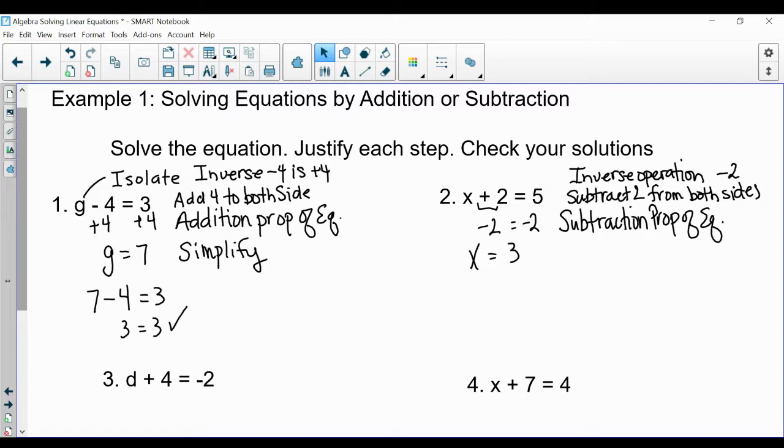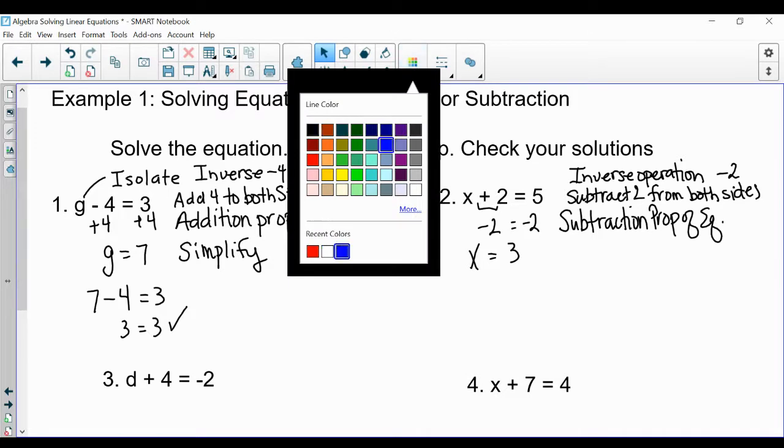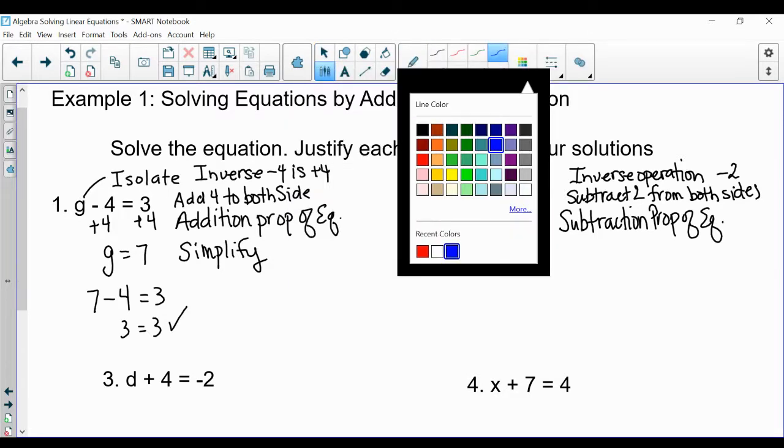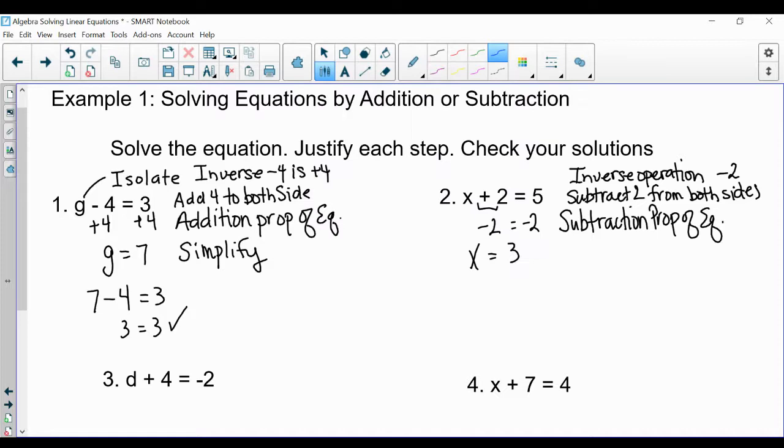We're going to take that 3 and substitute it right back into my equation. So 3 plus 2 is equal to 5. So this is 3 plus 2 is 5 is equal to 5. So that's true. So it checks.